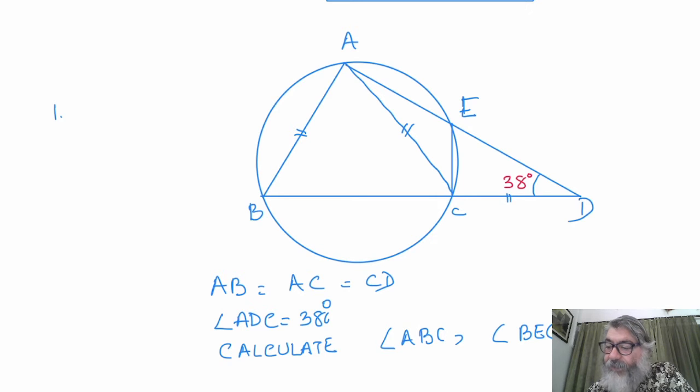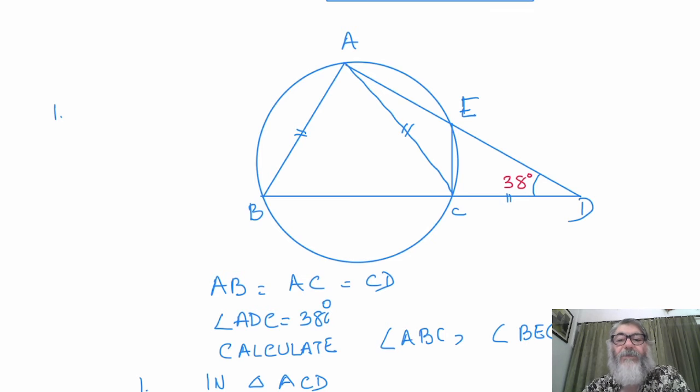First of all, ABC. How are we going to calculate? Let us go stepwise. The first thing is, in triangle ACD, I will take the triangle ACD, see the figure. Because I know angle CDA or ADC, ADC will be equal to angle CAD, equal to 38 degrees, as AC is equal to CD.